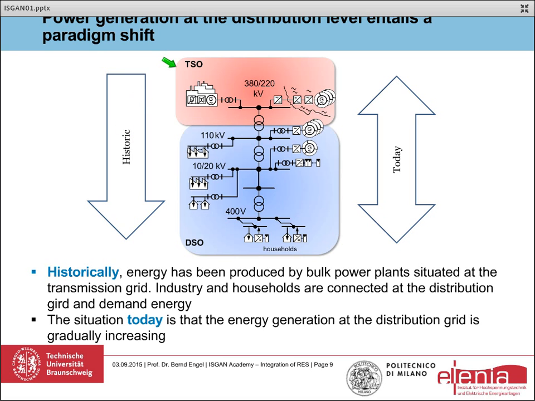So there's a power flow from the TSO to the DSO. The situation today is that the energy generation at the distribution grid is gradually increasing, and that we have temporary reverse power flow from the households to the medium voltage system, and from the medium voltage system to high voltage and to the transmission level.